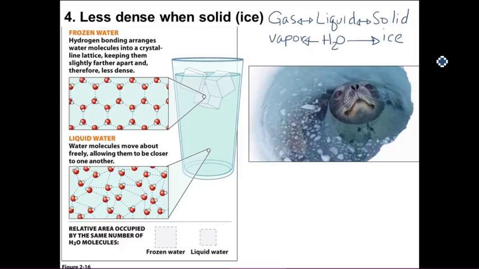So in liquid water, every water molecule is bonded to other water molecules by hydrogen bonds, yet these water molecules are all moving around. Okay, liquid water is at a temperature where the water molecules can vibrate around and move a lot. That means they form a hydrogen bond with somebody, and then as those molecules move, they move apart from each other and they form hydrogen bonds with somebody else.